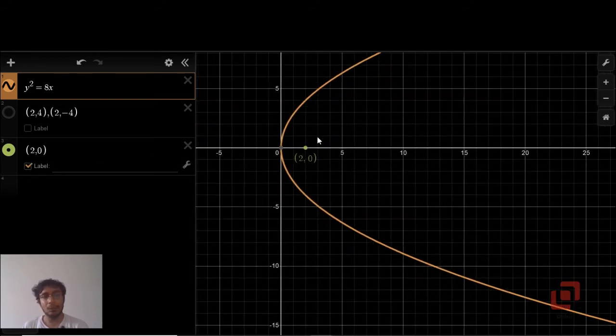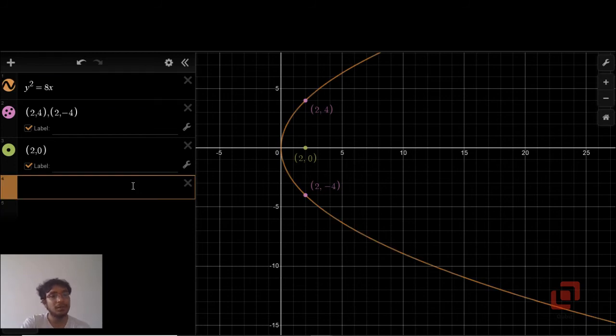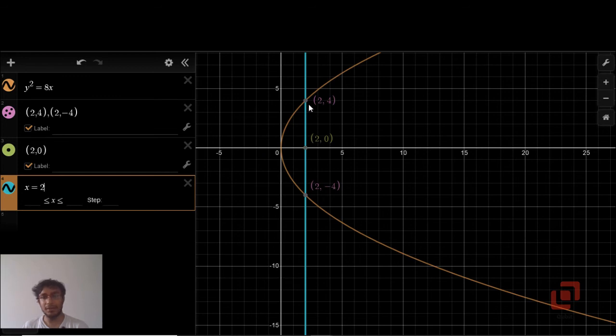Now we need to consider those points whose focal distance is 4. If you observe, those points are nothing but the endpoints of the latus rectum of the parabola, 2, 4 and 2, minus 4.